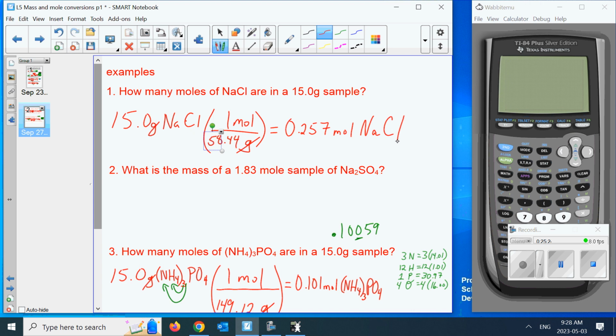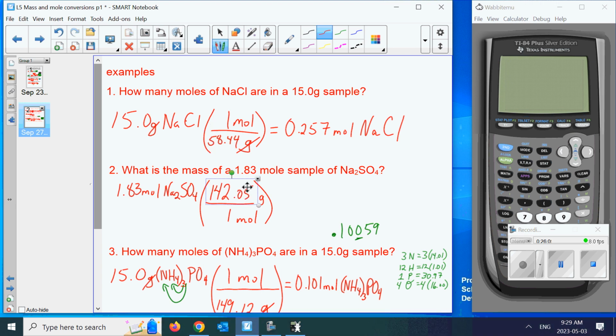Okay? And then mass, how many grams? I have a 1.83. So, okay, and then this one here, I have to go 22.99 plus 32.07 plus 4 times 16. I've got the grams on the top.